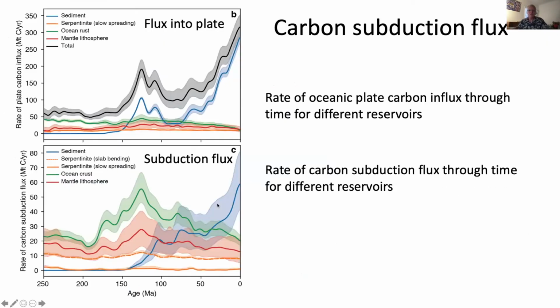So now what we can do, we can compute some summary statistics. We can have a look at the carbon flux into the plate through time. So we have time from 250 million years ago to the present on the x-axis, and we have carbon flux into the plate on the y-axis at the top.